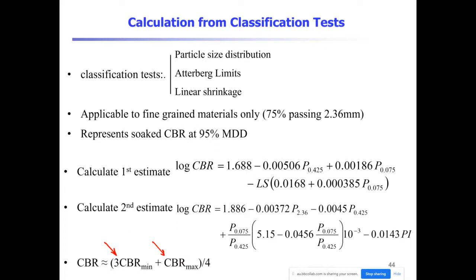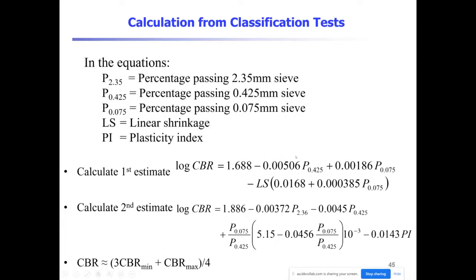But what are the terms in this equation? P 0.425 is the percentage of soil passing through the 0.425 millimeter sieve. So these are just the sieve size, the percentage of the material passing through this specific sieve.